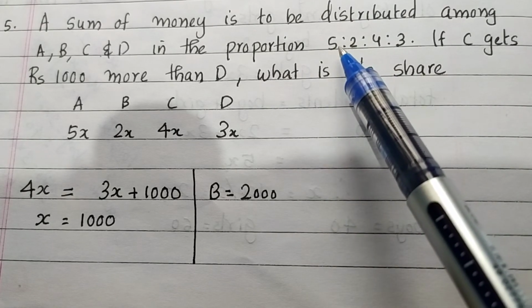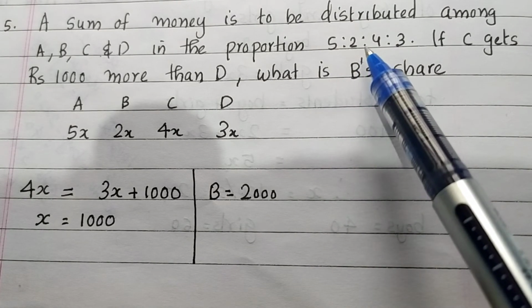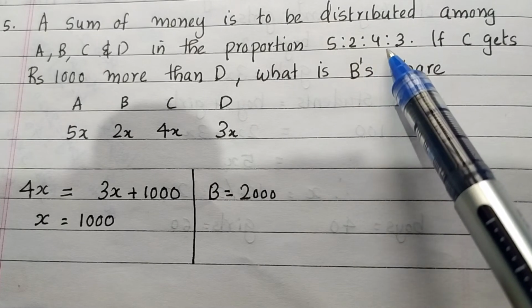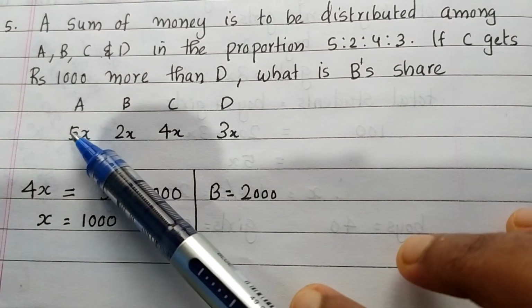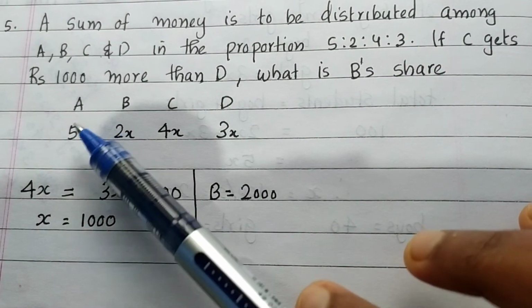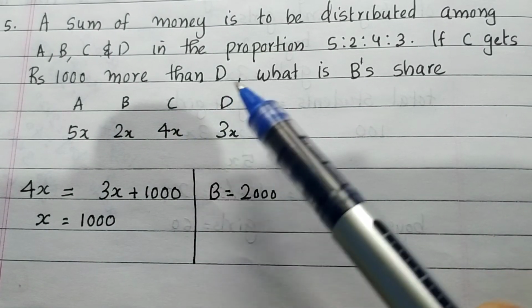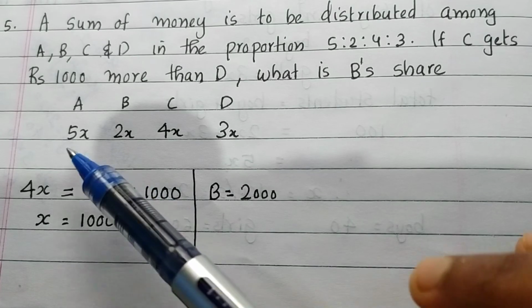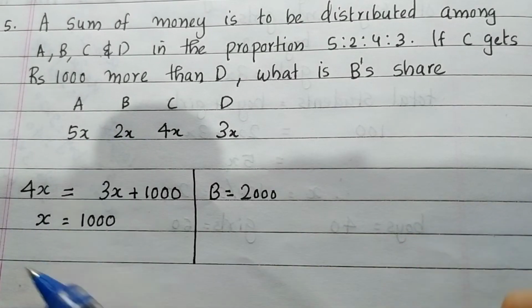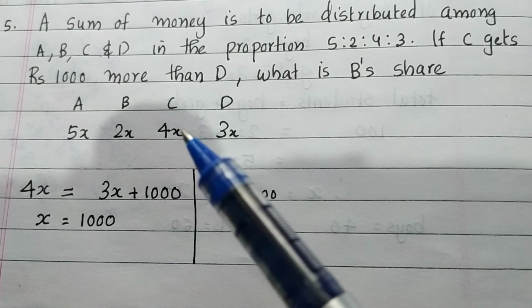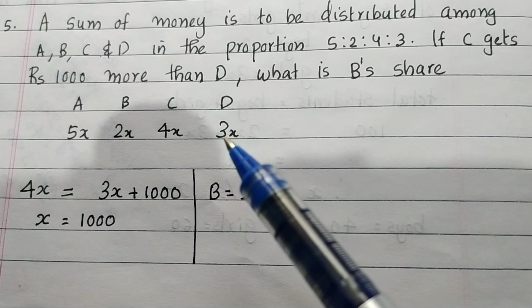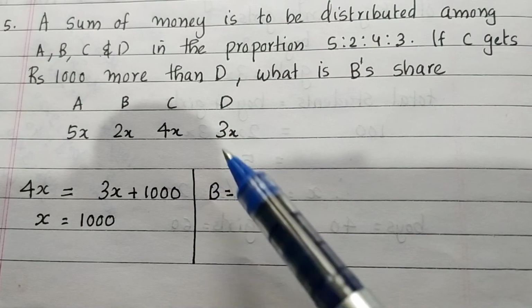If the ratios are given as 5:2:4:3, then the values can be written as A equal to 5x, B is equal to 2x, C is equal to 4x and D is equal to 3x. We have to find out the value of x. Then only can we find out the original sum of money each of the people gets.